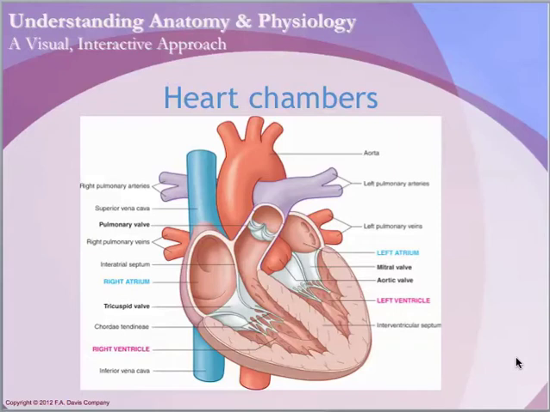So the left ventricle is going to be the largest ventricle, and it's going to have the most ability to produce force. The great vessels, the superior and inferior vena cava, the pulmonary artery, the 4 pulmonary veins, and the aorta transport blood to and from the heart. So you can see all those great vessels sitting on top of the heart. Okay, so you'll need to know all those different structures.